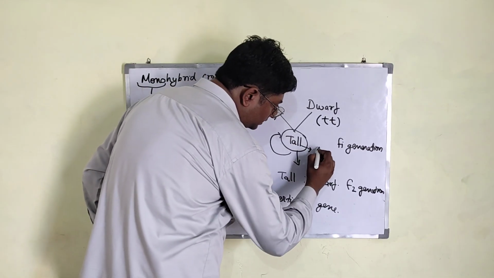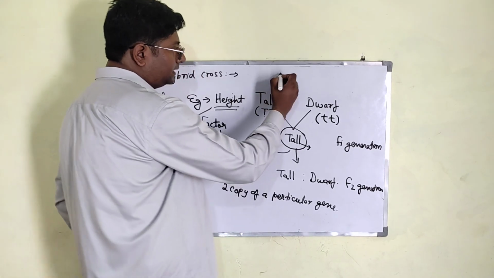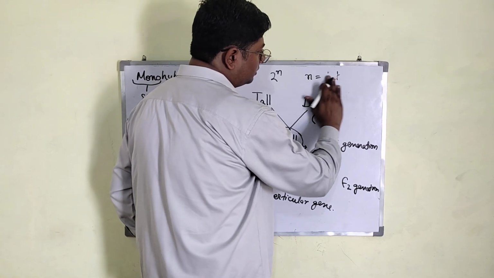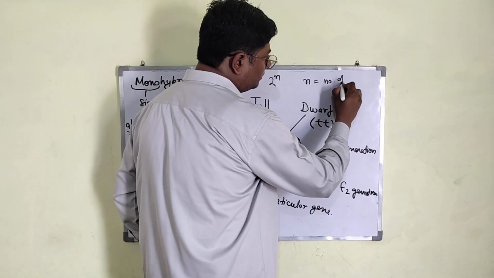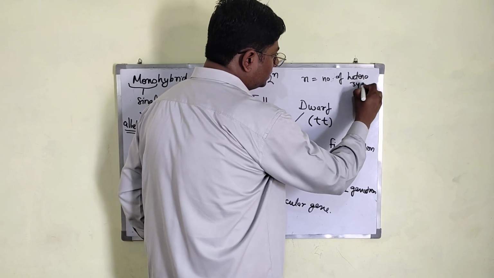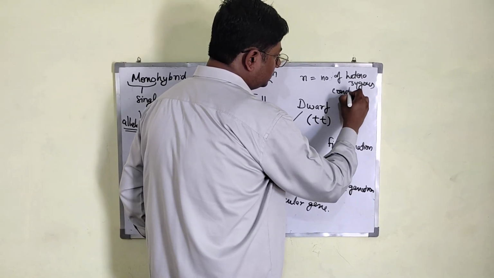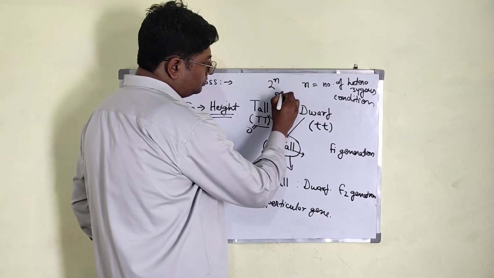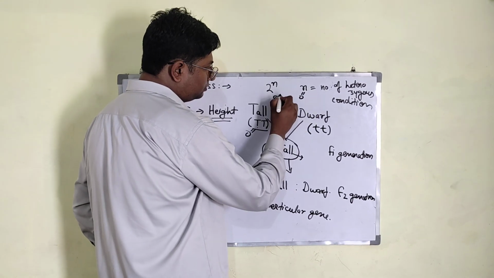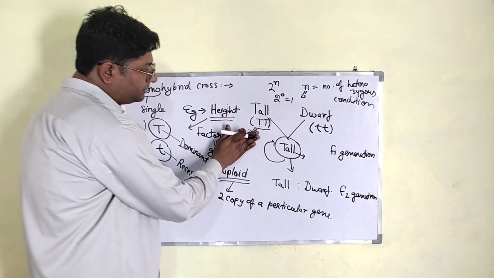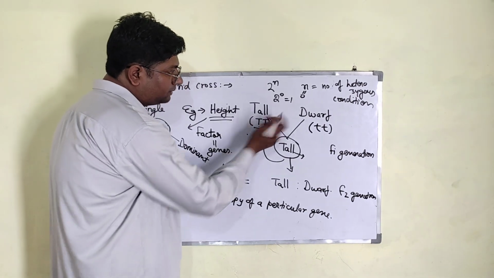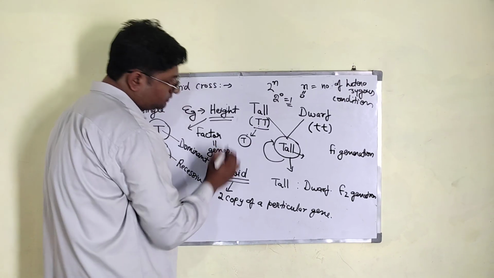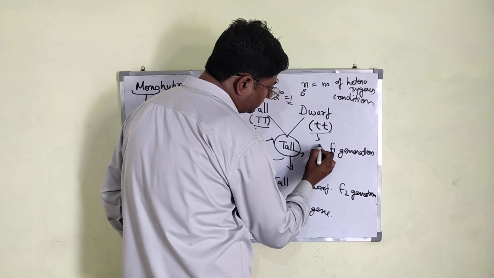By the formula 2 to the power n, where n is the number of heterozygous conditions, here the heterozygous condition is 0. So 2 to the power 0 is 1. So the type of gametes produced by the tall plant is only one type, capital T. Similarly, the gamete produced by the dwarf plant is small t.